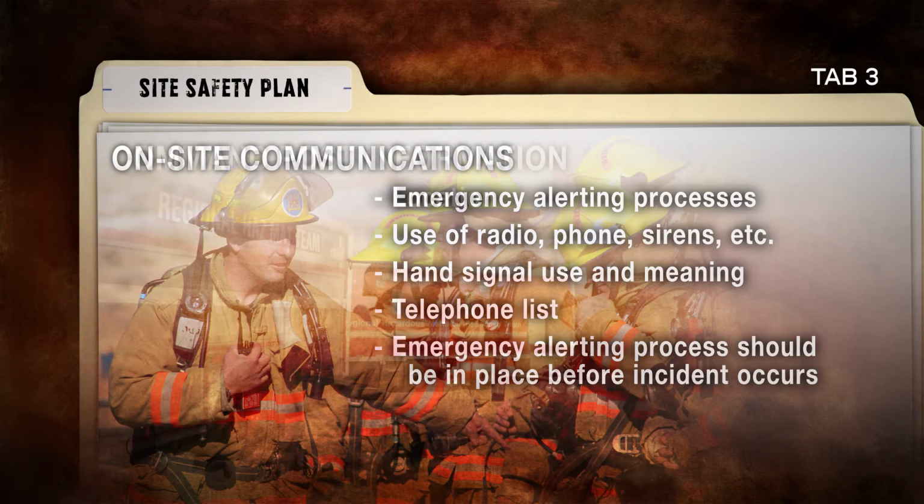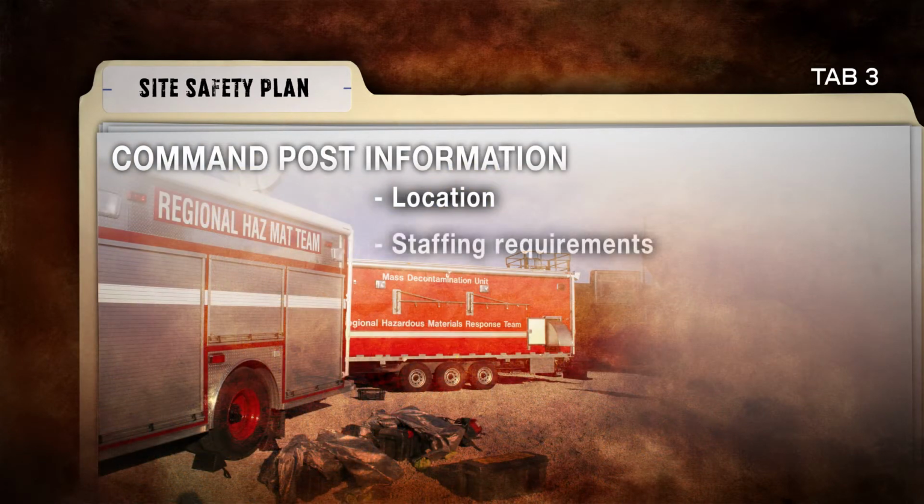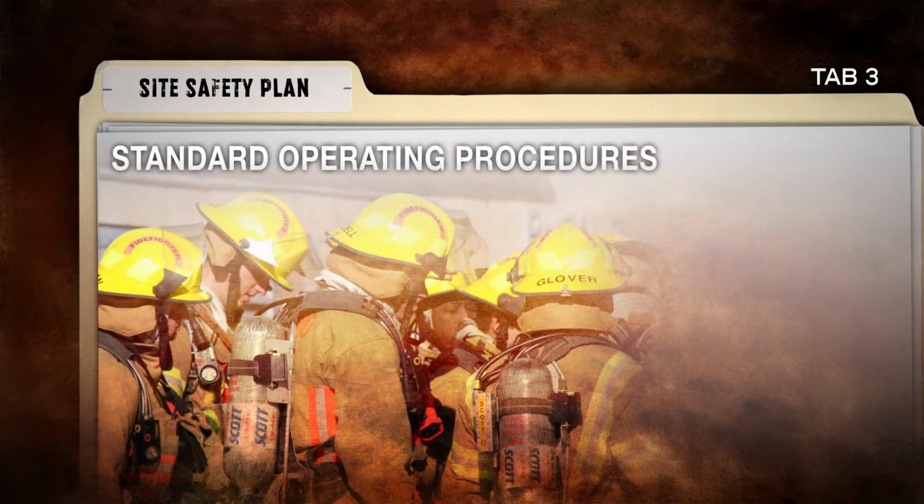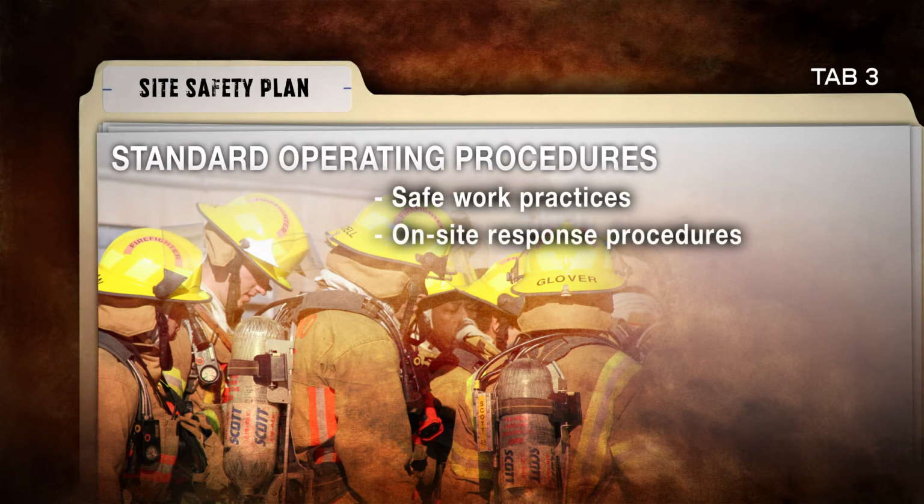Command post information, such as the location and staffing requirements, will be identified in the plan. Standard operating procedures, as they pertain to the emergency response, will detail safe work practices and on-site response procedures, all designed for the safety of the team and the public.